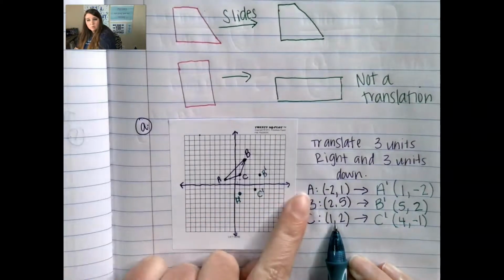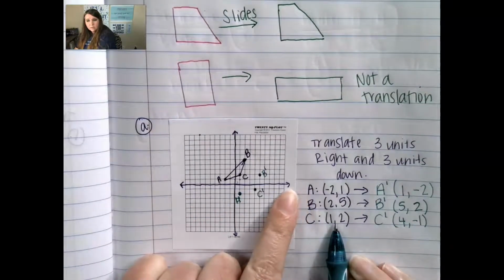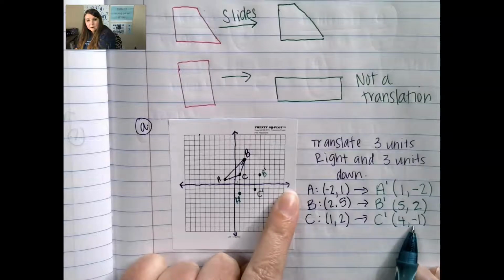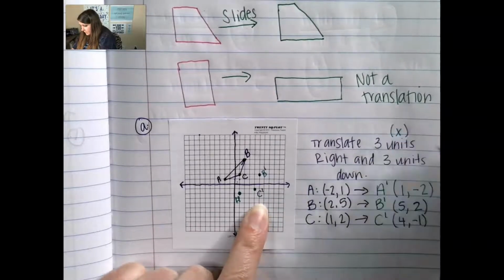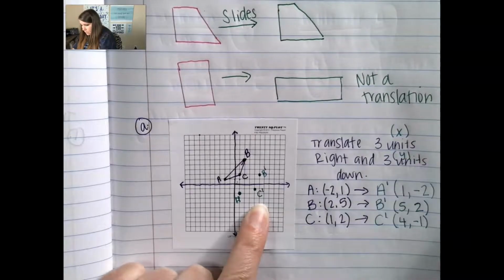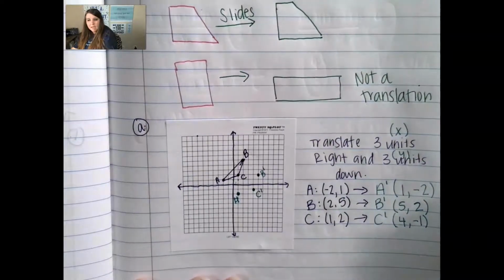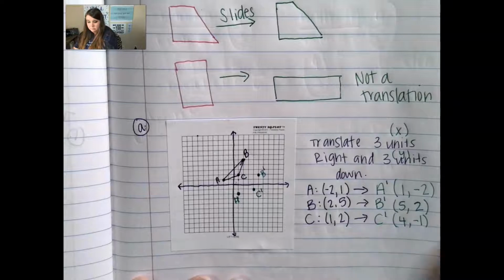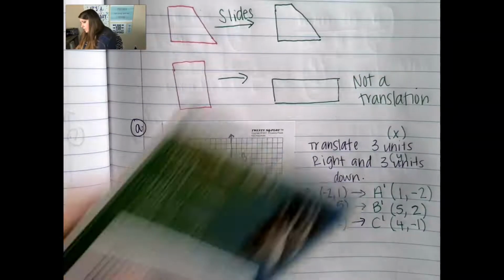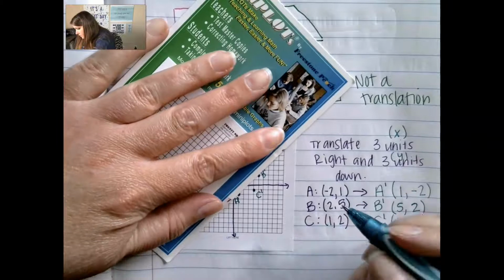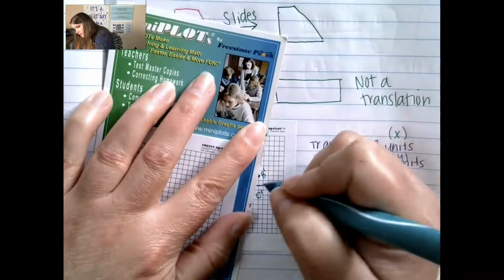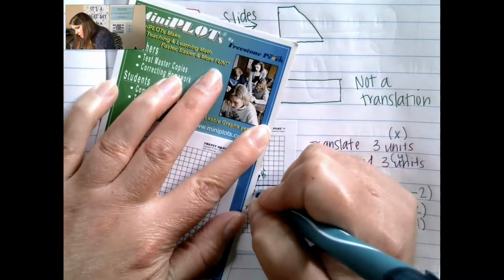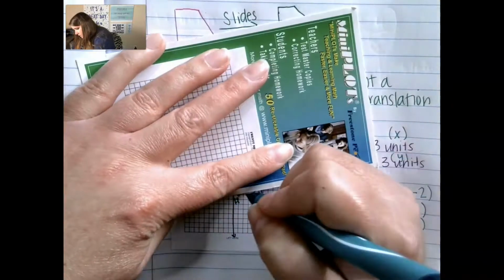When we move to the right on a number line, we're increasing. And then 3 units down means decreasing. So if you think about this, my x, and this is my y, you could almost just add or subtract. But now we're going to connect our dots here, and we're going to be able to see that we did not change the shape at all. It's the exact same shape.